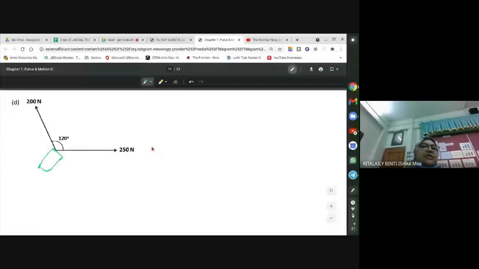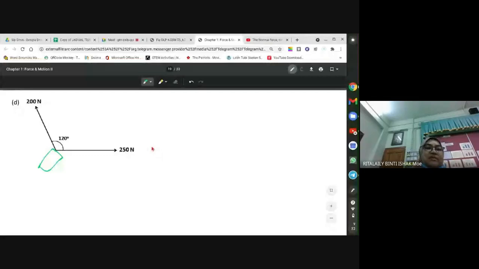We use scale. We choose a suitable scale. I can see the most suitable scale here is 100 Newton is to 1 cm. If you want a slightly bigger drawing, 100 Newton is to 2 cm. The scale is up to us to determine. It means you don't have a certain scale that you have to follow.